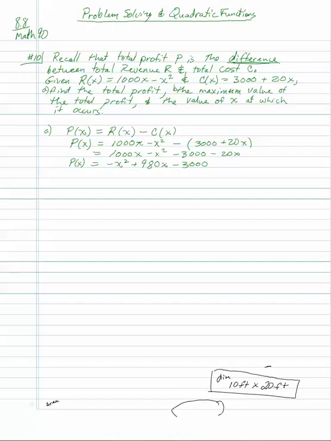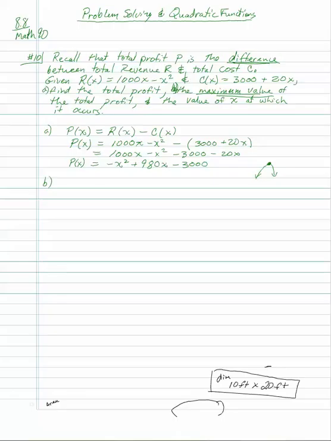For B, we want the max value. Remember, this is a parabola that opens down, so the maximum value is going to be the y value of the vertex.